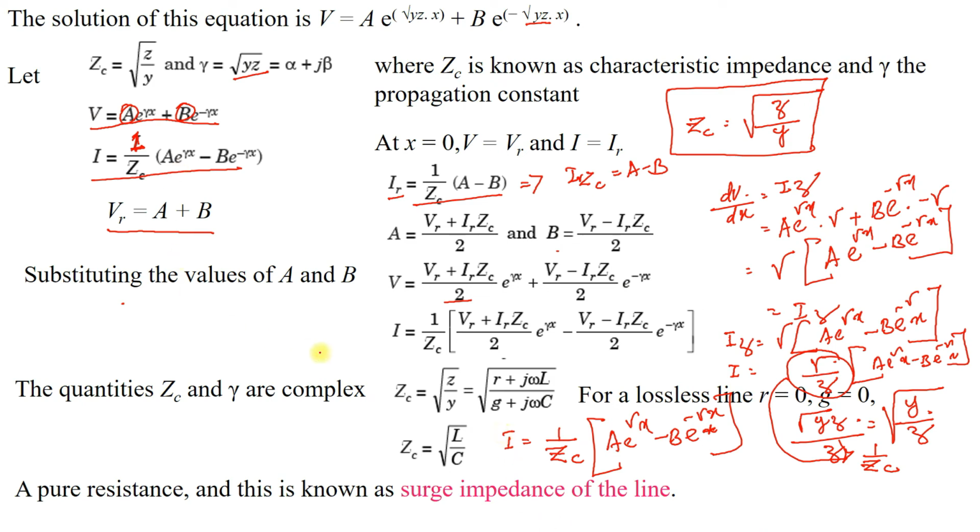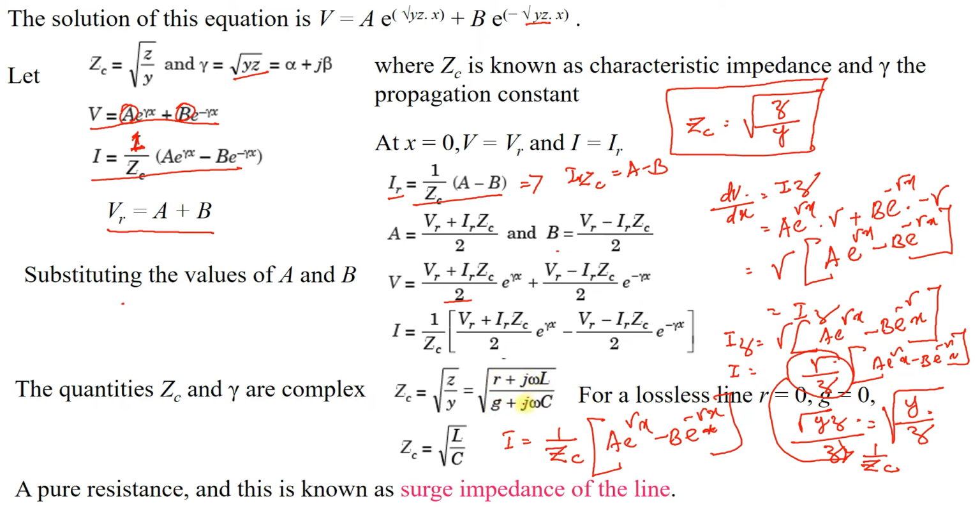So for a lossless transmission line, Zc is equal to root of Z by Y, and this is the expression for Z if you consider the resistance per unit length and inductance per unit length of the transmission line. And for a lossless line, R will be equal to 0 and G will be equal to 0.